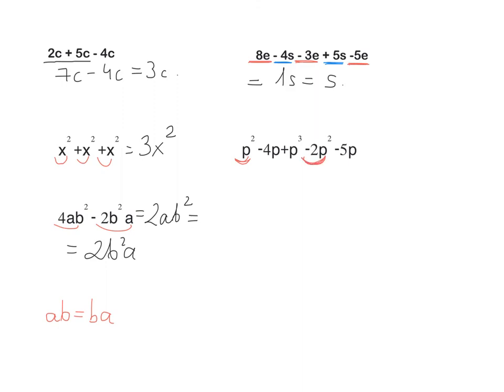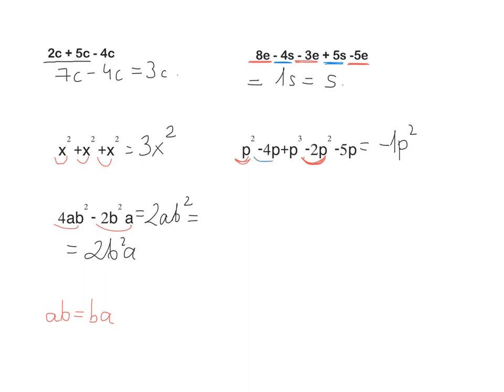So we need to look at letters to the same power. If they have different powers, they're not like terms, okay? We cannot add them up. So p squared minus 2p squared, and the answer is minus 1p squared, or just minus p squared.